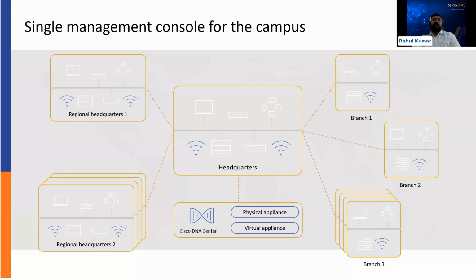Cisco DNA Center runs on a dedicated appliance that may reside in your campus or a data center, and the software can be deployed on a virtual appliance in a data center or on a physical appliance.